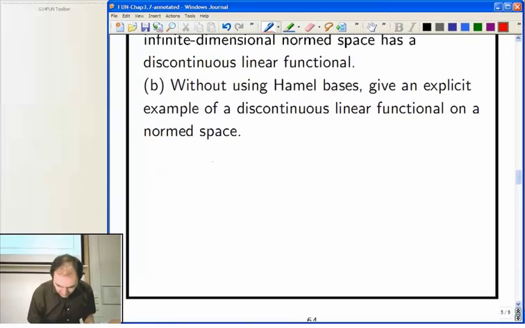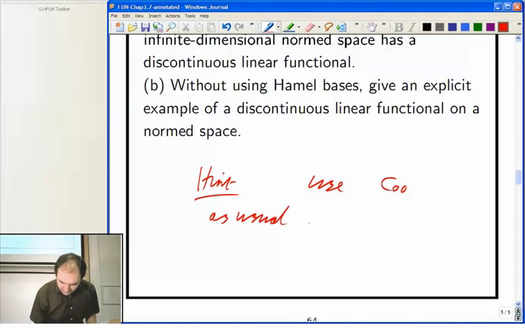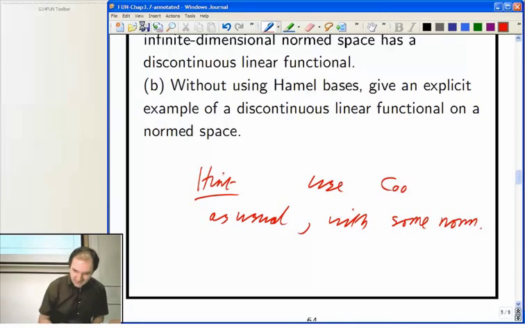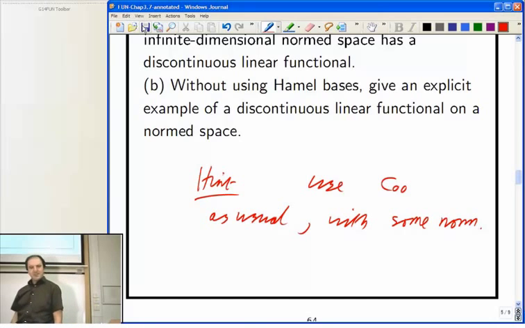So, hint, use C00 as usual with some norm. You can choose which of your favourite norms to put on it. I haven't done any of these examples for you at all yet. I guess they are all turning up on question sheets.